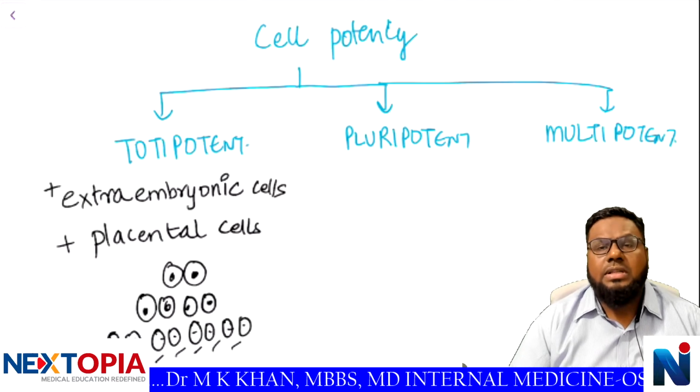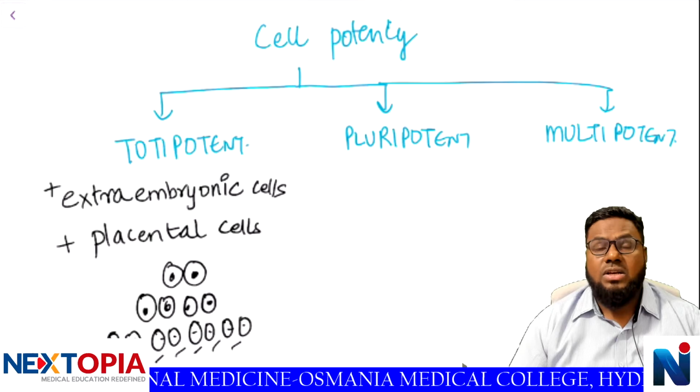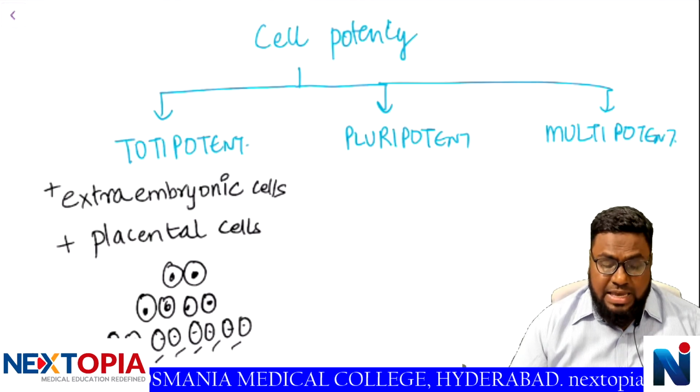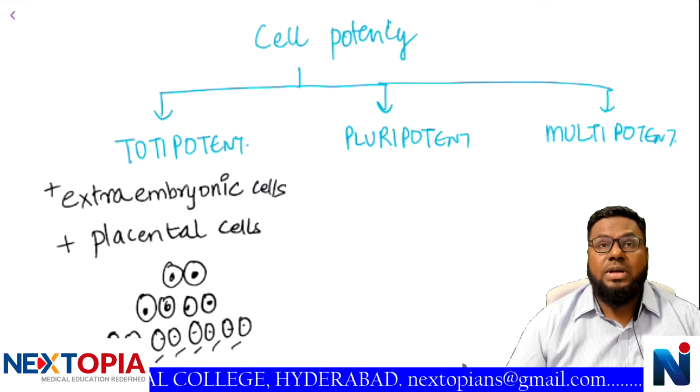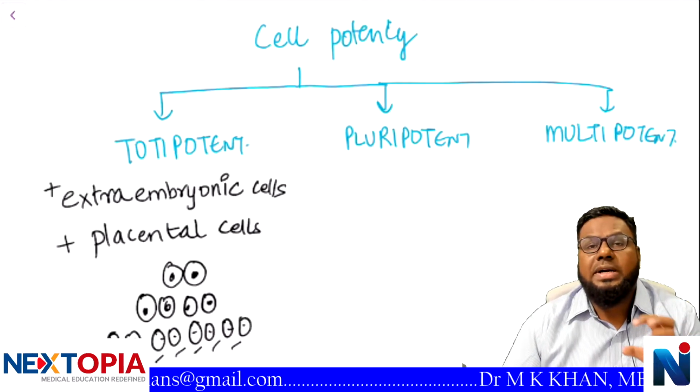The cells which are formed immediately following fertilization are the totipotent cells. We do not know which cell has the ability to transform into an organ at this stage, immediately following fertilization, so you are calling it totipotent.